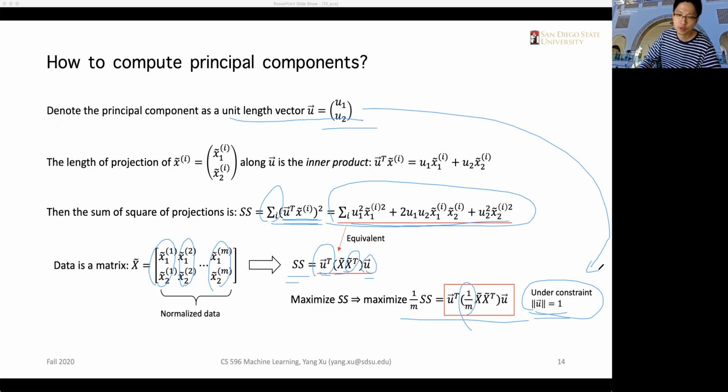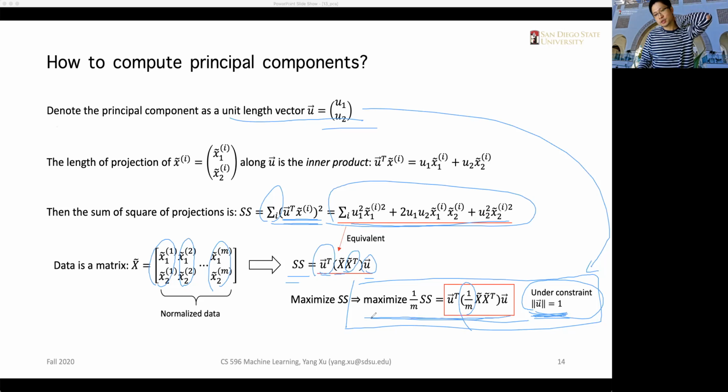Okay, so it becomes a very similar problem to what we came across when we introduced support vector machines. It's a constrained optimization problem, right? Our constraint is an equation here, and our goal function is basically a quadratic function, right?